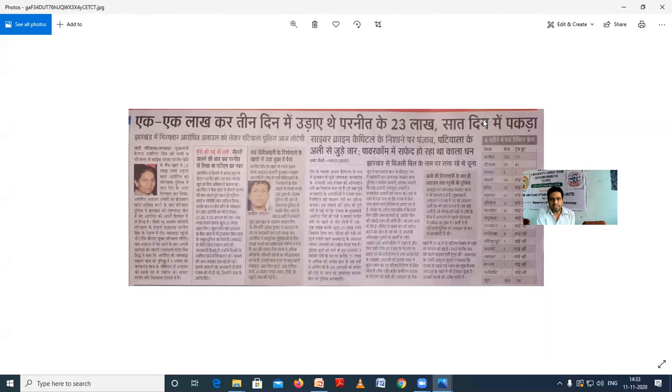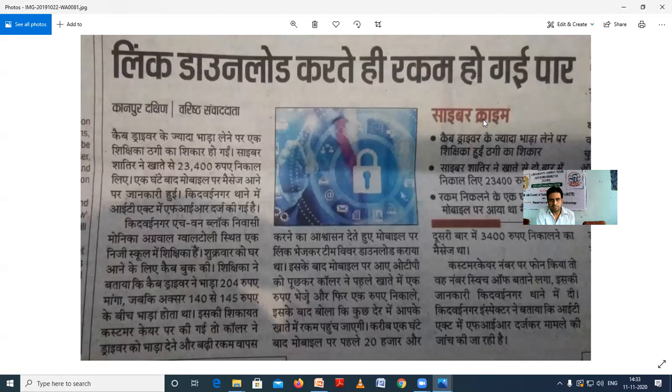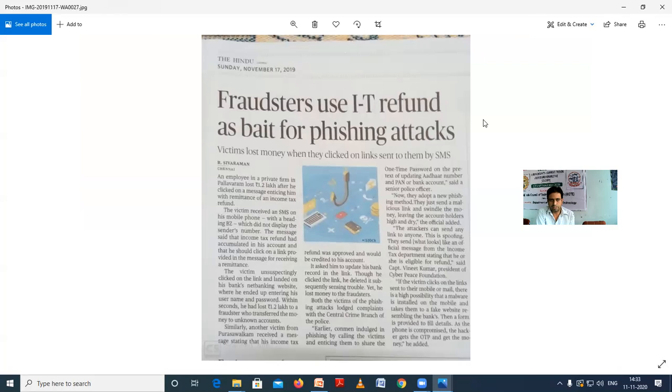Next is the news related to the wife of the current Chief Minister of Punjab. 1 lakh on each day for 3 days was targeted, and thereafter the criminal was identified. After downloading the link, the theft occurred and the money was shifted.